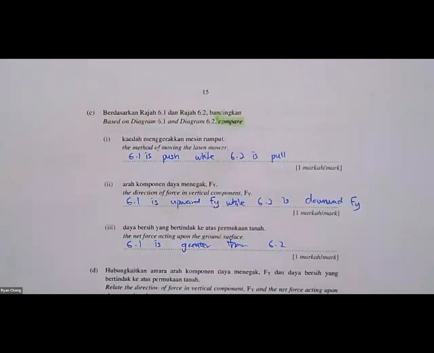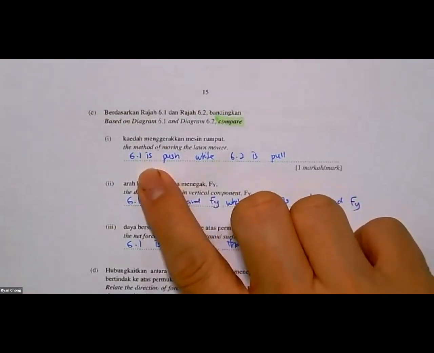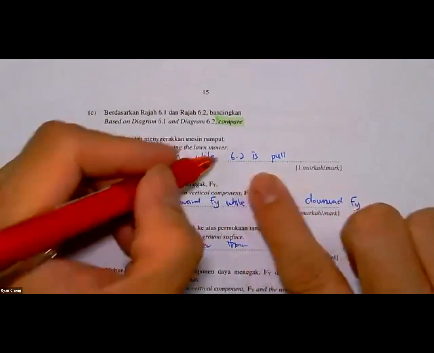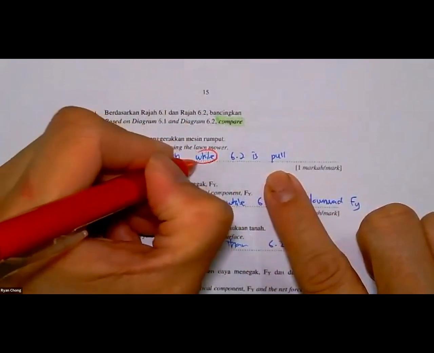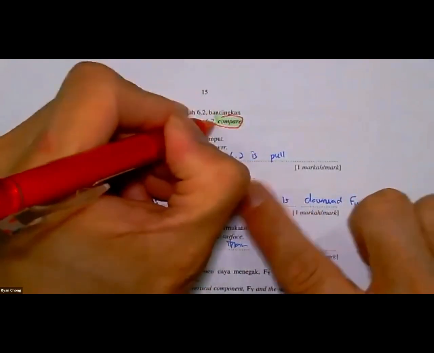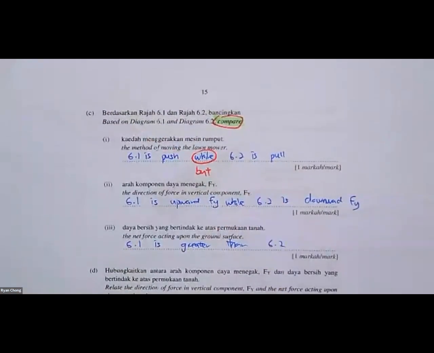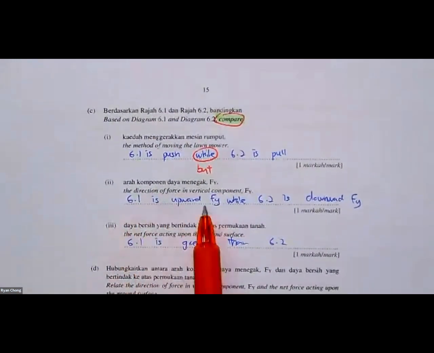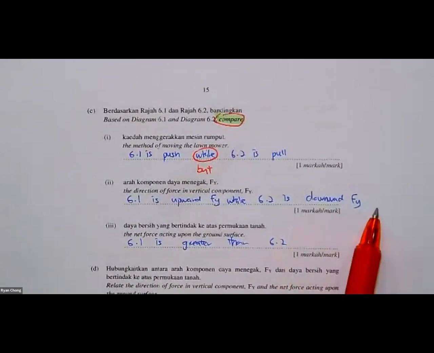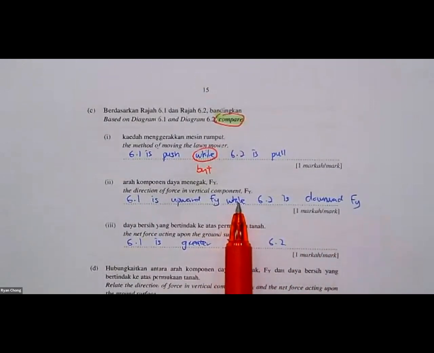So when you compare, you must use the connection word. So for example, I know 6.1 is push, while 6.2 is pull. So this word is a compare word. So no problem. If you don't want to use while, you can say but. No problem. Okay. 6.1 upward, 6.2 downward. Then use a connection word. But while also can. Like this, you will score, right?